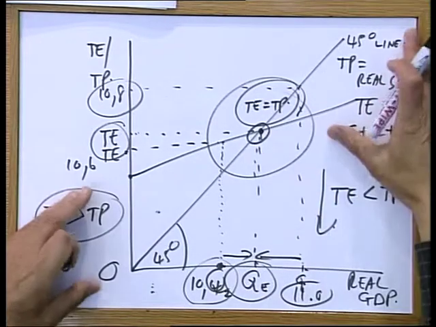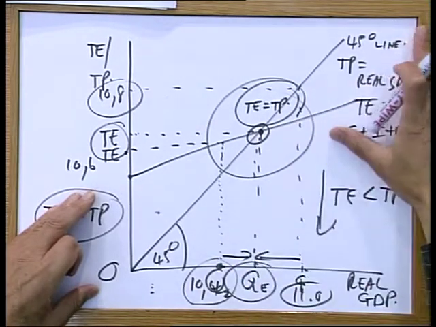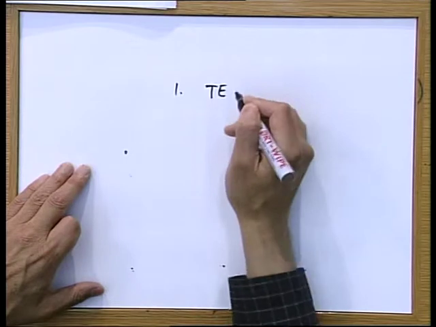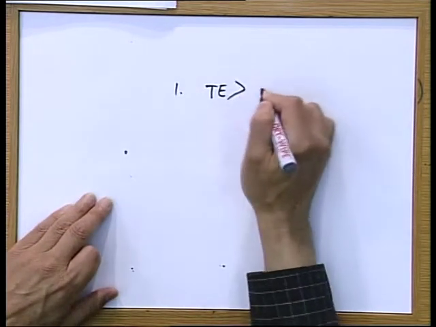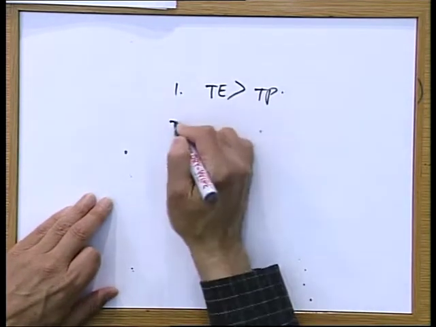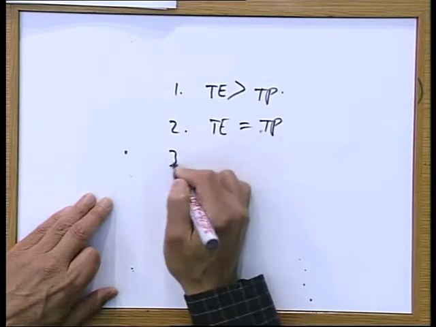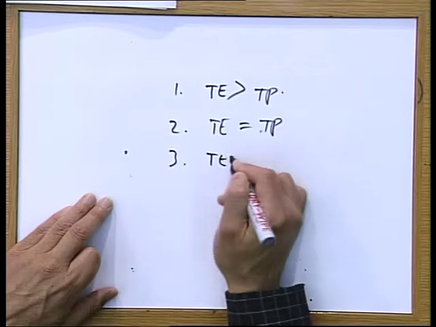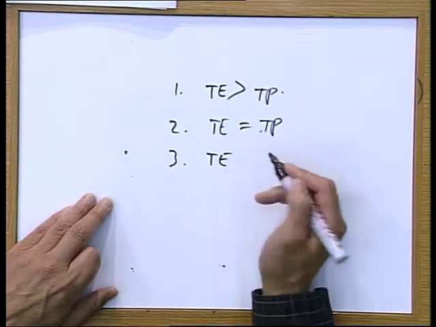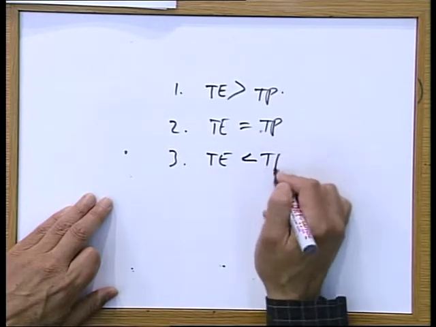So what we have illustrated here are the three states of the economy in terms of this framework. TE can be greater than TP, or TE is equal to TP when the economy is in equilibrium, or TE can be, as indicated, smaller than TP.